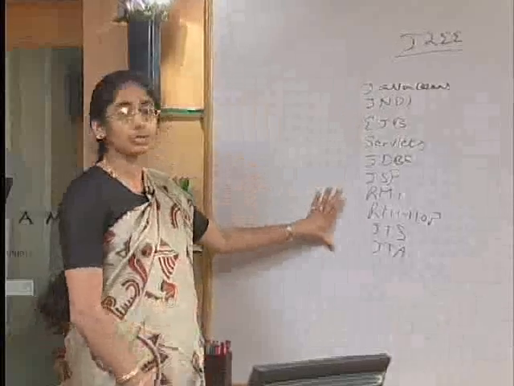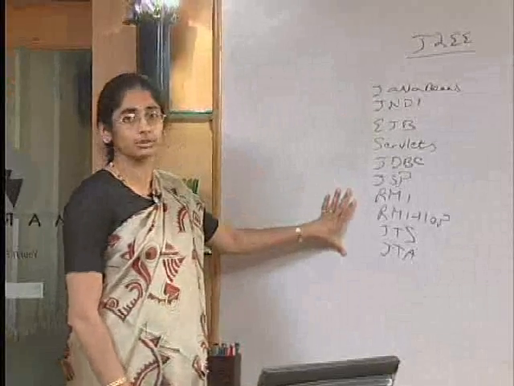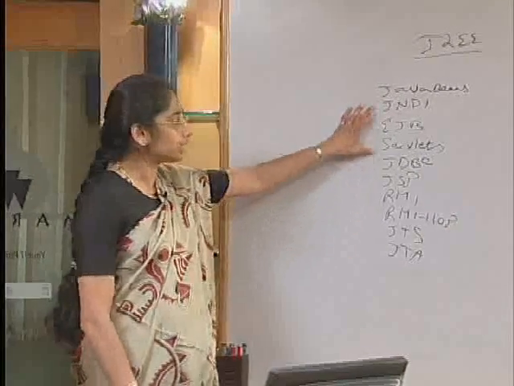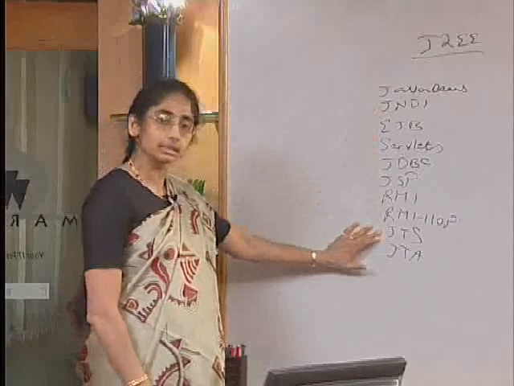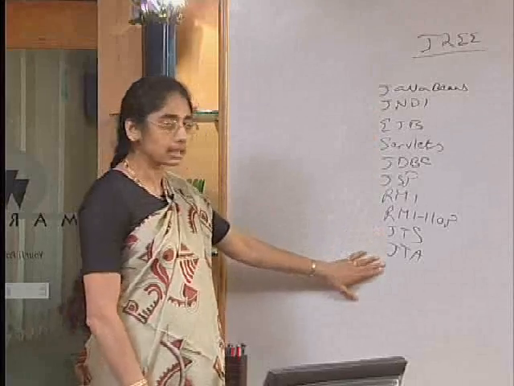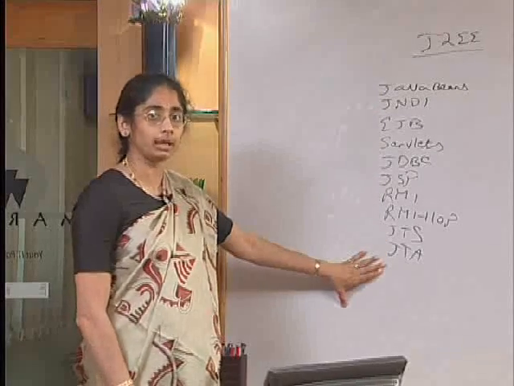So these are just a few of the components available in J2EE. JNDI stands for Java Naming and Directory Interface, JTS is Java Transaction Service, and JTA is Java Transaction API.